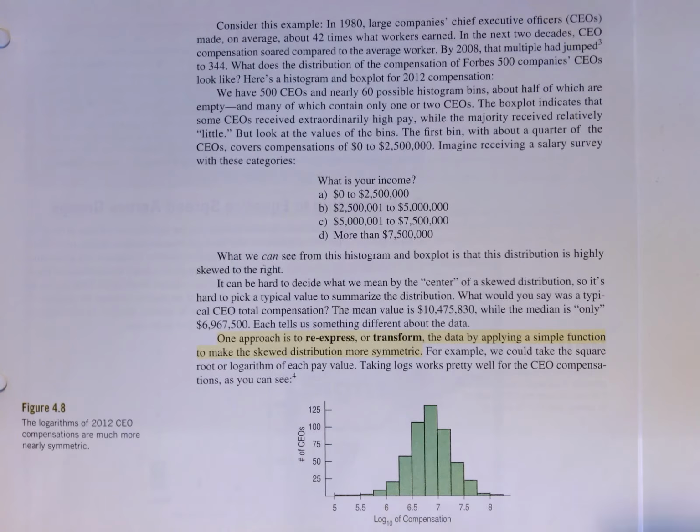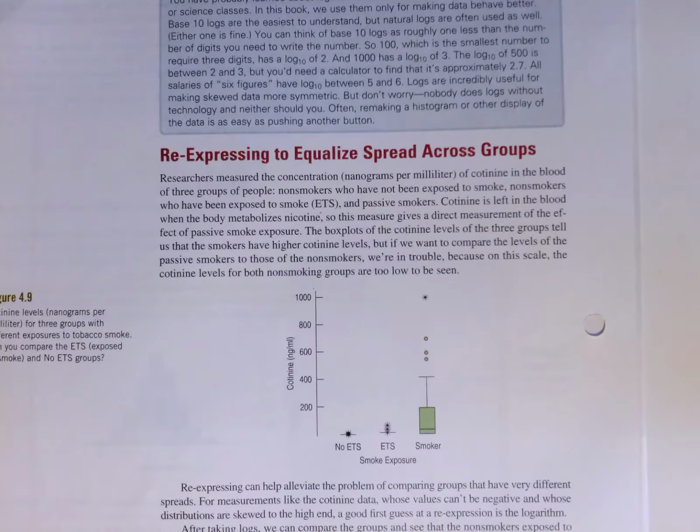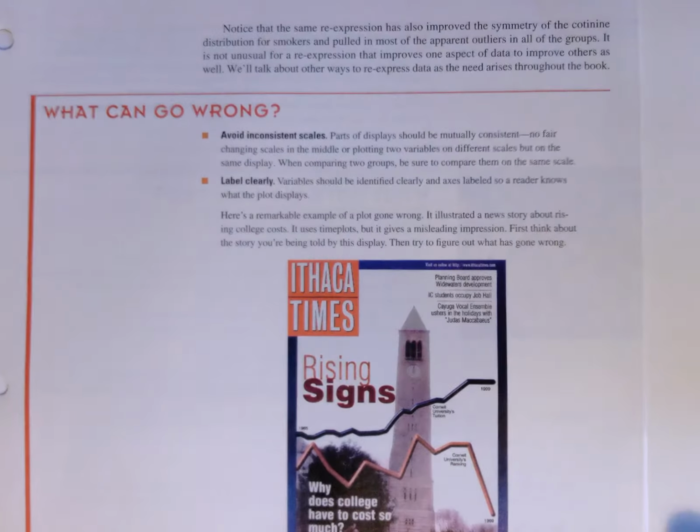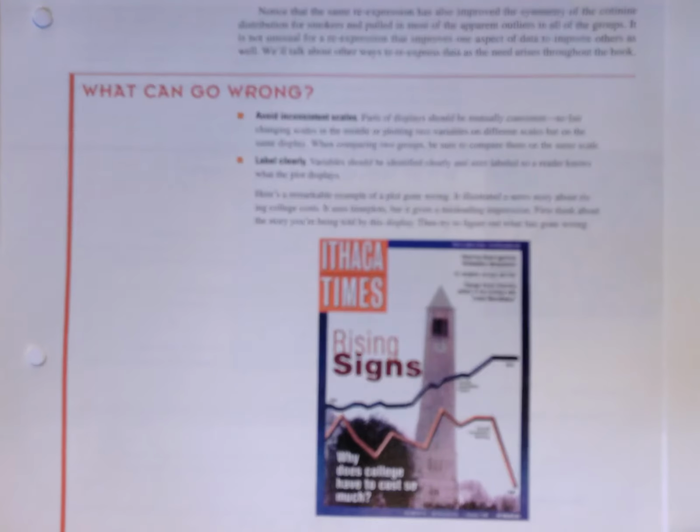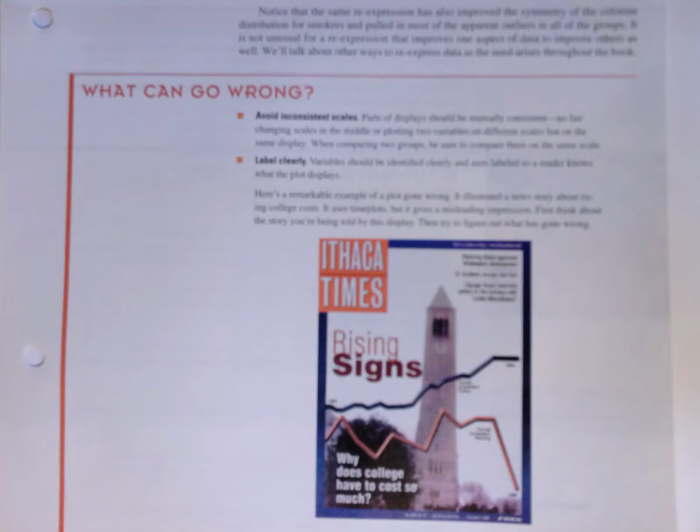One of the challenges of this, though, is that things are going to be harder to interpret on that scale. We can also do this to think about equalizing spread. So this merits a close read. As always, things can go wrong, good things, bad things happening to good people, so be careful on those.